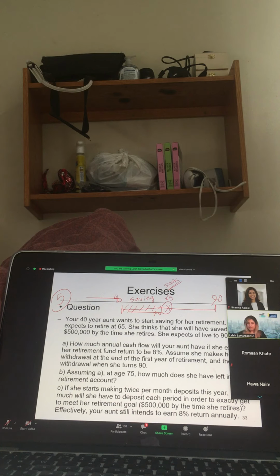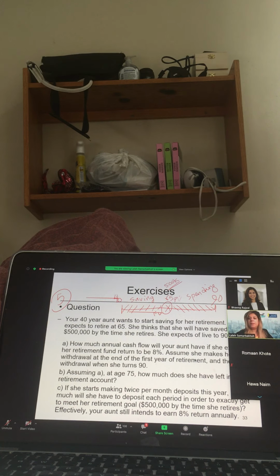After I retire, I get into a period that we call the spending period. When I'm in the spending period, again, it's an annuity. It's a different one. And that $500,000 becomes what?